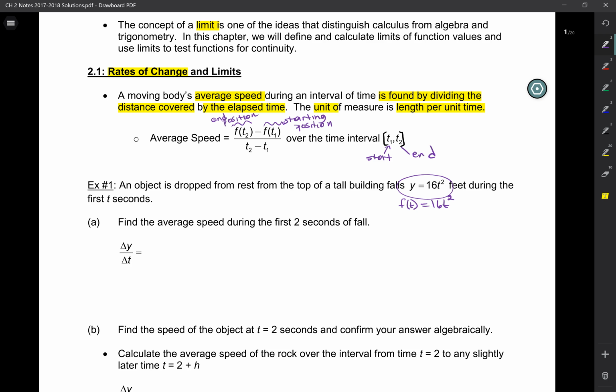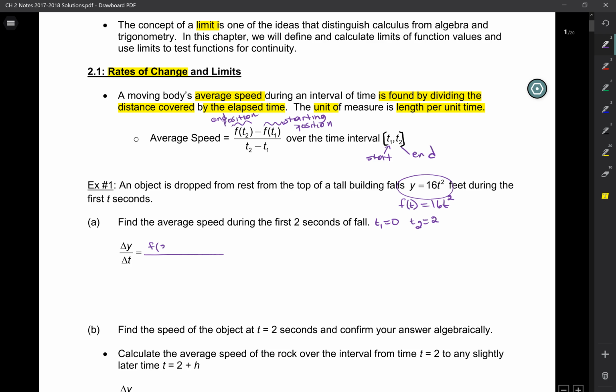Okay? So it says during the first t seconds, and now it says find the average speed during the first 2 seconds of fall. So your initial time is t equals 0, and your final time is t equals what? 2. Right. So t1 is 0, t2 is 2. So now delta y is f of t2 minus f of t1.